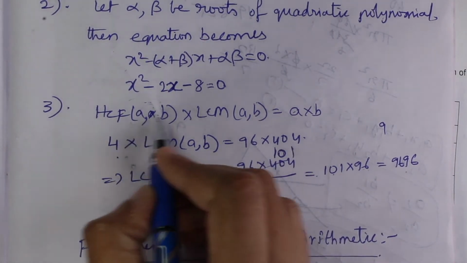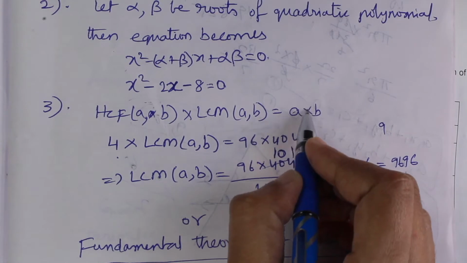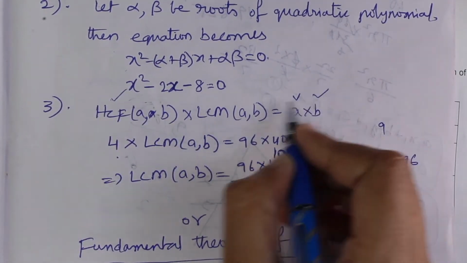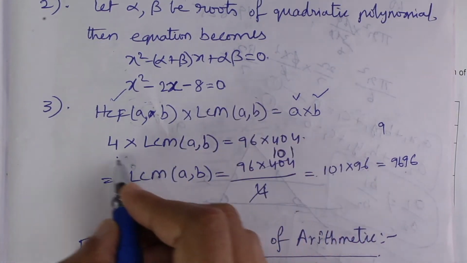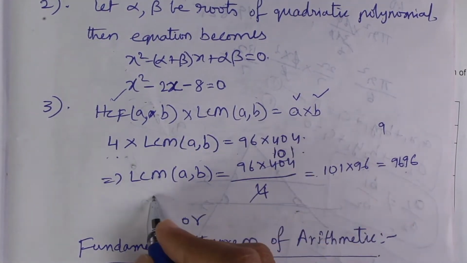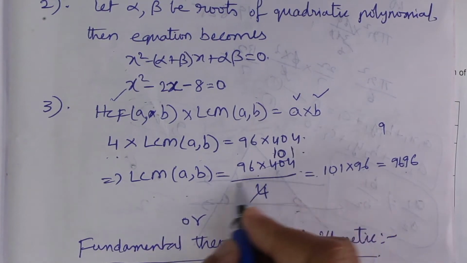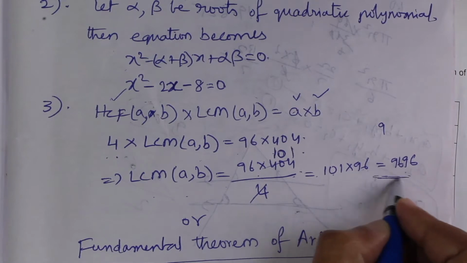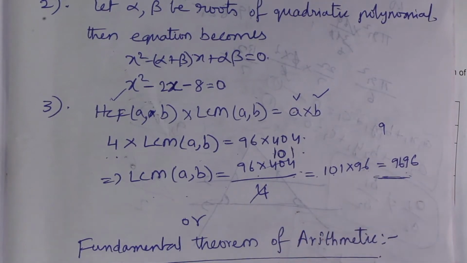We know the product of HCF and LCM is equal to the product of the two numbers. So here we know HCF and the product of two numbers and we can find out LCM. So 4 into LCM is equal to 96 into 404, and LCM becomes 96 into 404 divided by HCF, that is equal to 9696. Hope this is clear for you.